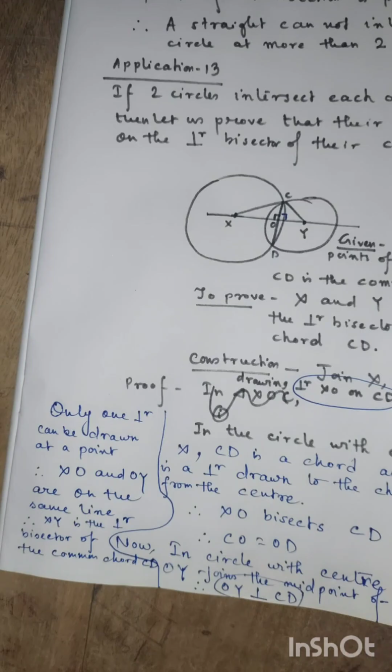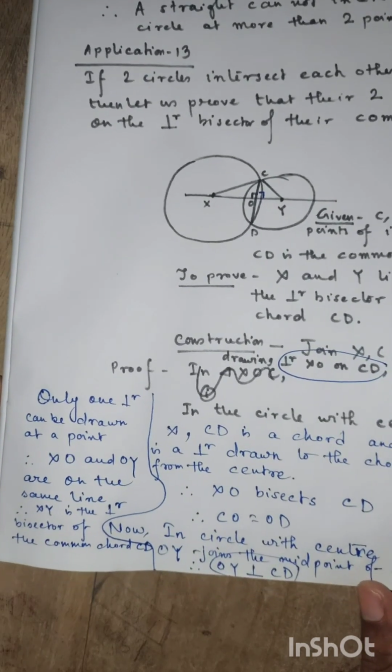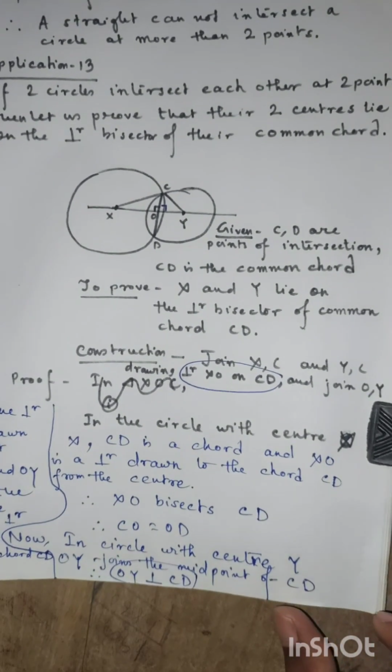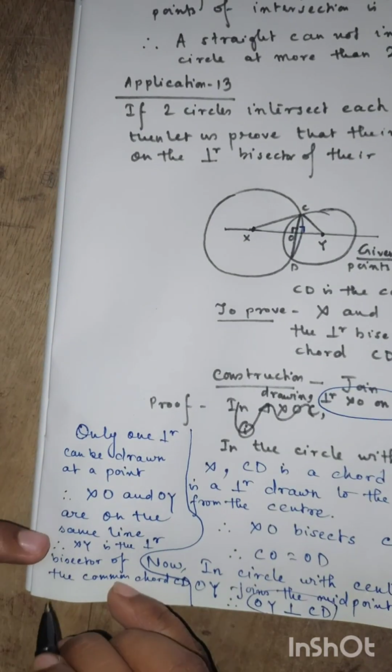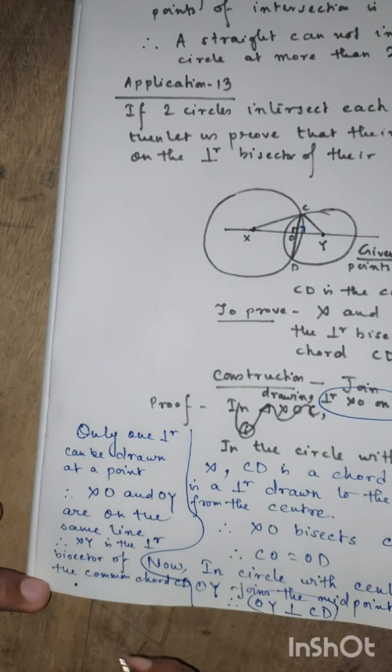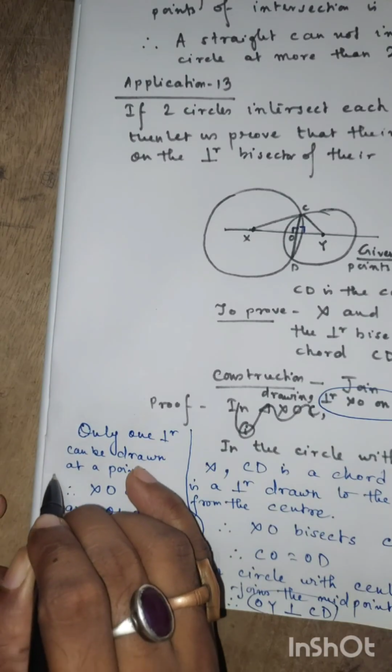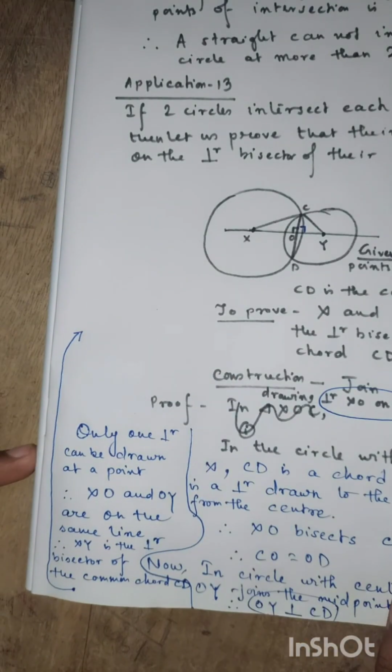Okay, therefore we can say the centers of two circles lie on the perpendicular bisector of their common chord. So we do not have space for writing, so we are writing this above, so we should write it here, but we do not have space, that is why we are writing it here.